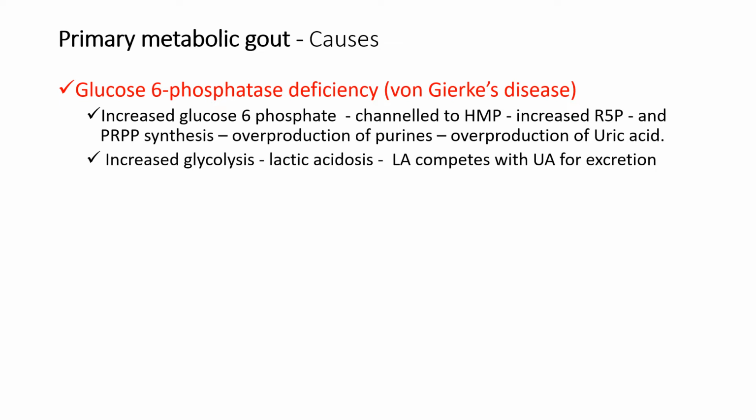Then there will be accumulation of glucose 6-phosphate, which increases the HMP shunt, resulting in excess formation of ribose 5-phosphate and PRPP, which in turn causes purine overproduction and catabolism, finally leading to accumulation of uric acid, that is hyperuricemia.